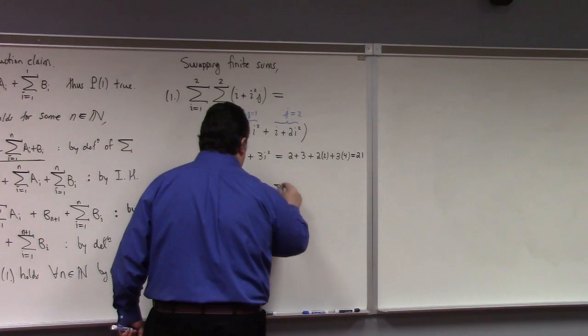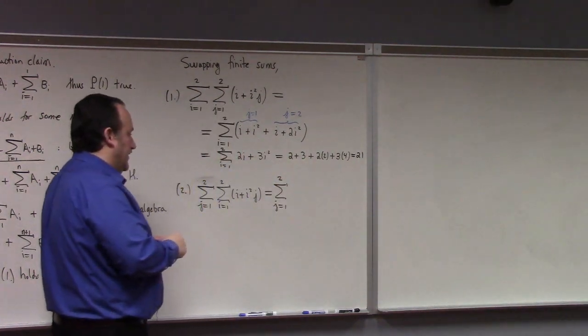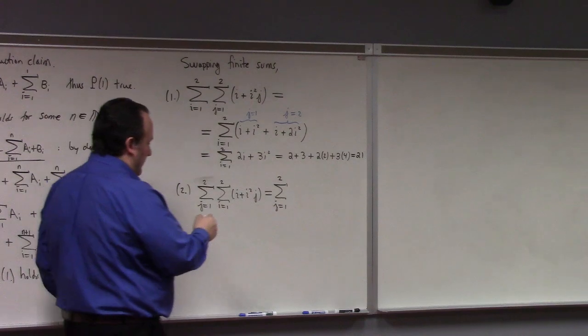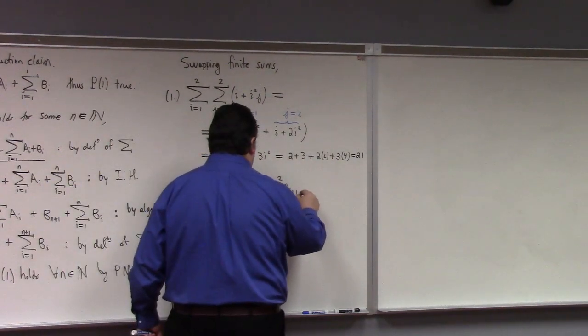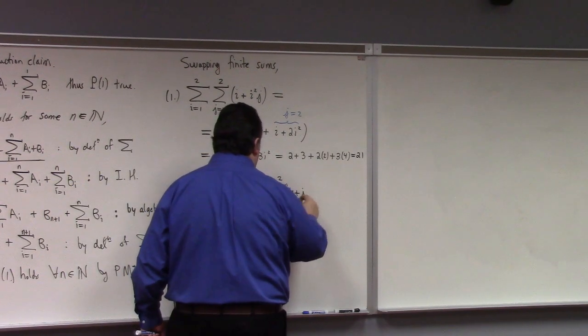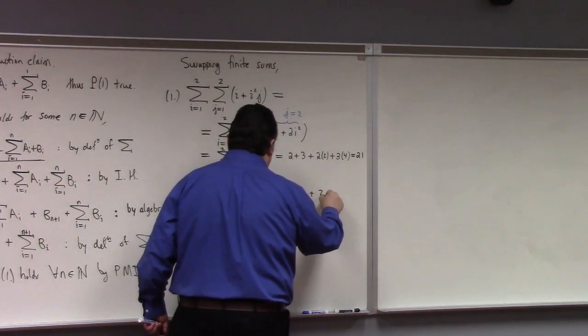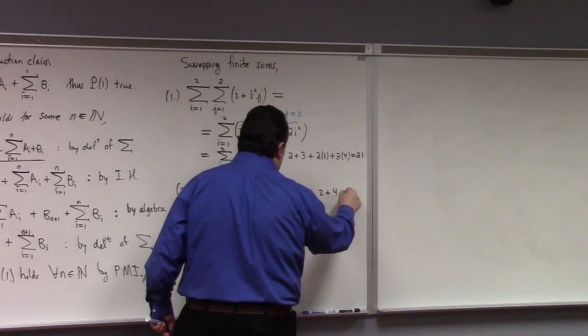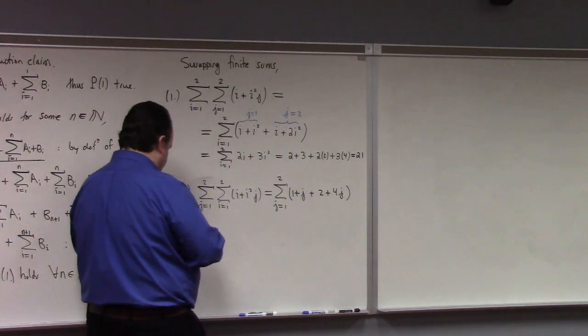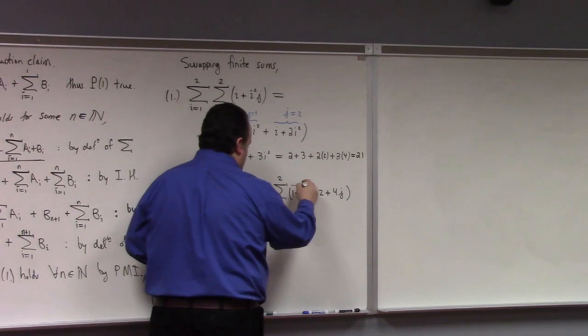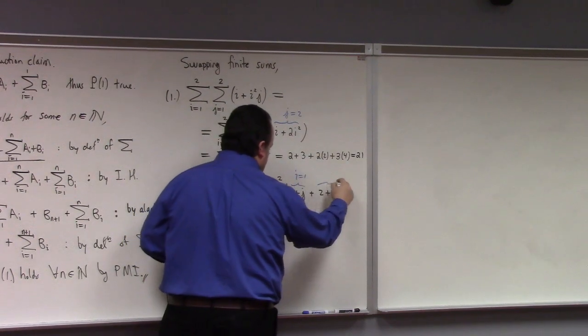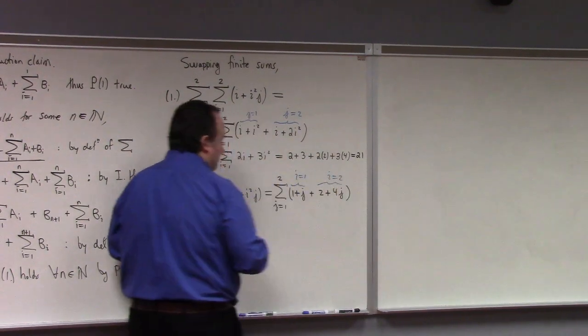So put in i equals 1, what do we get? We get 1, right, plus j. And then put i equals 2, we get 2 plus 4j, right? This is the i equals 1 term. This is the i equals 2 term.